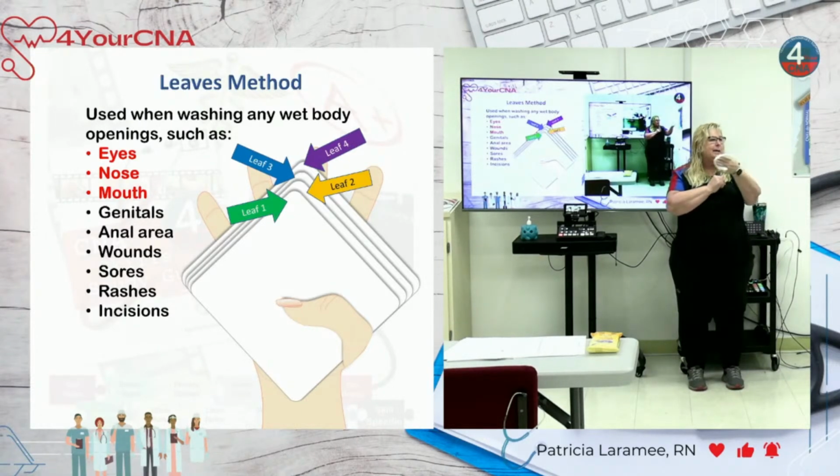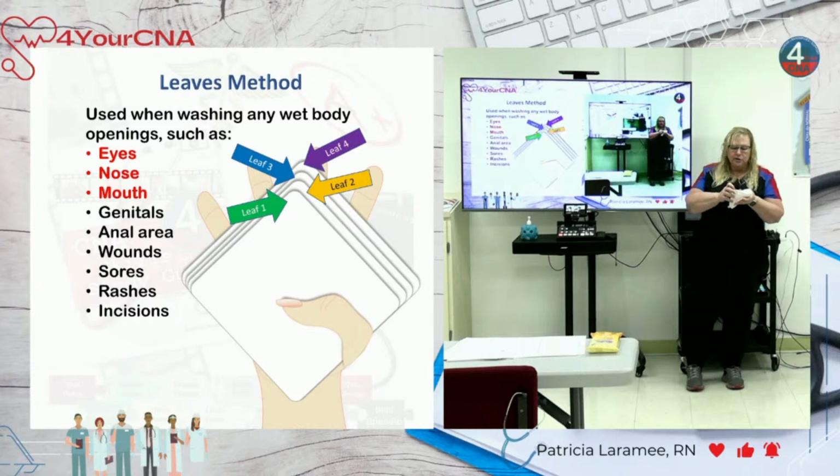We can wipe something else with this leaf and fold it over, and that traps the contamination underneath. We can use this leaf and fold it over, and we can use the backside. So we have 5 independent cleaning surfaces without cross-contamination.